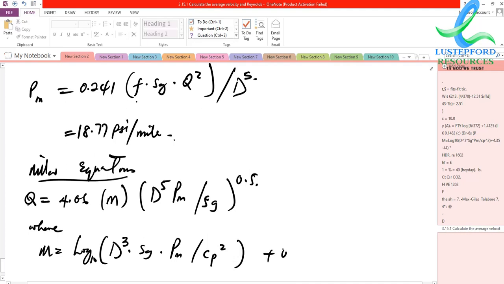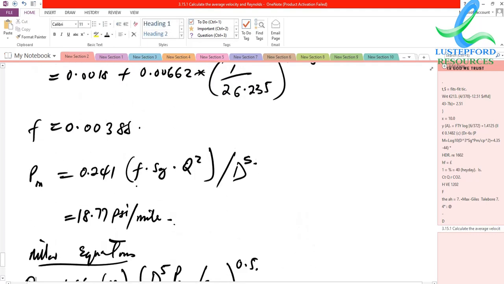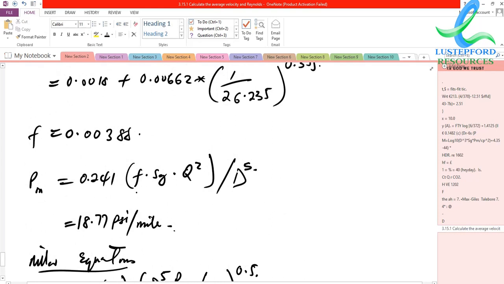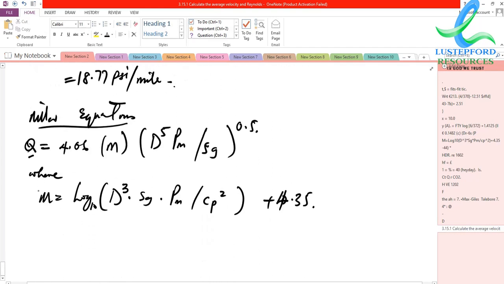Then plus 4.35. So the flow rate, which is Q, here is in barrel per day.